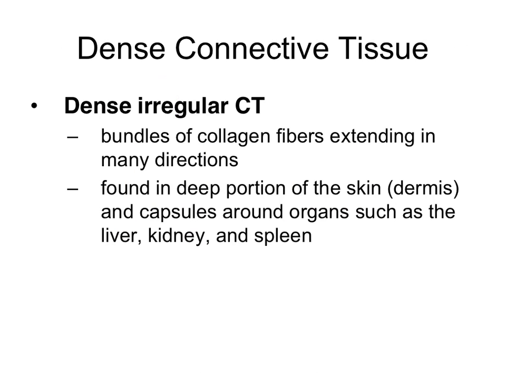Okay, we're going to look at the next, dense irregular. The fibers extend in all kinds of directions. So there's nothing regular about it. It's not smooth flowing. This is the dense connective tissue that is in the subcutaneous tissue in your skin.